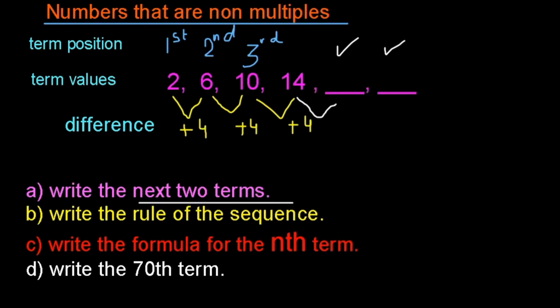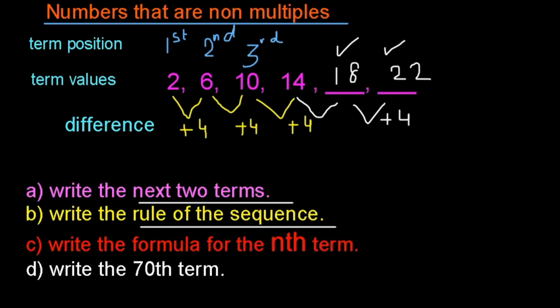In this case, we have these two blanks over here to find the next two terms. As we can see, the difference is plus 4. So I know that if I add 4 to 14, I'm going to get 18. And again, if I add 4 to 18, I am going to get 22. So the next two terms are 18 and 22 by adding 4 to each consecutive term.